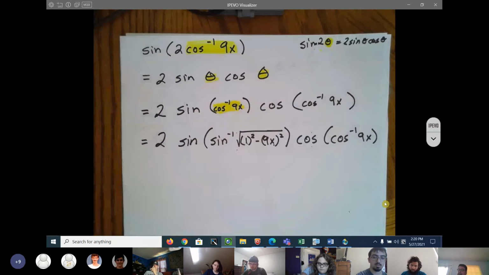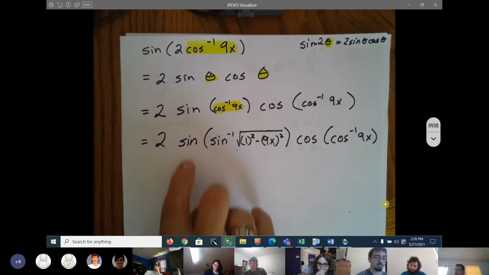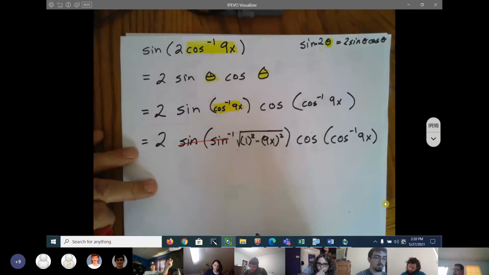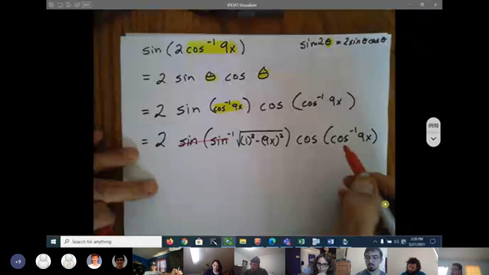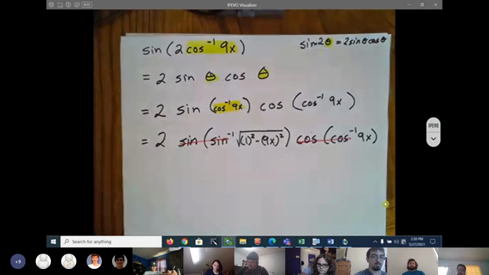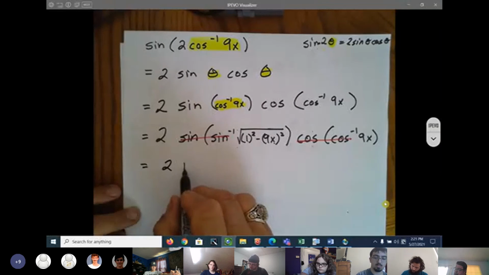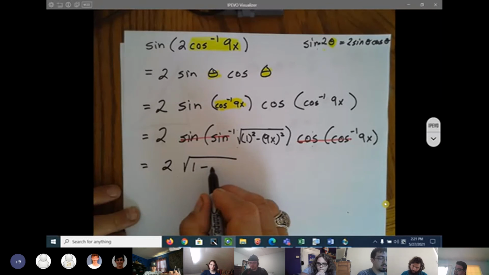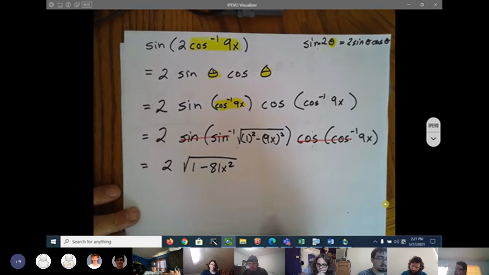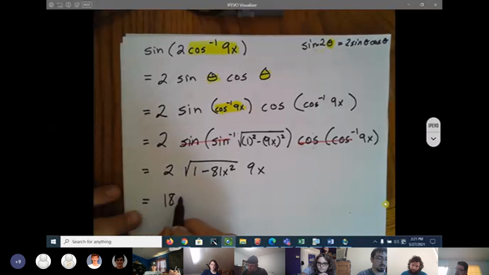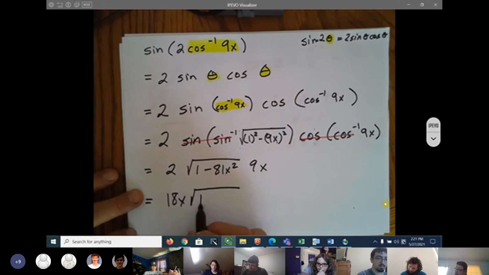Now, all you got to do now is the sines cancel. The sine will take out the arc cosine, or this cosine inverse, and the cosine will take that out. And you're left with 2 times the square root of 1 minus 81x squared times 9x, which is equal to 18x, the square root of 1 minus 81x squared.